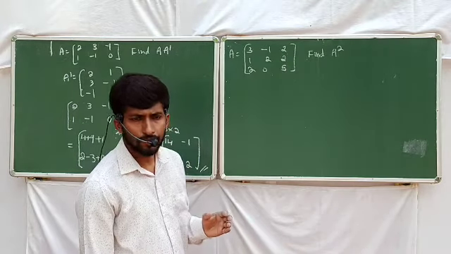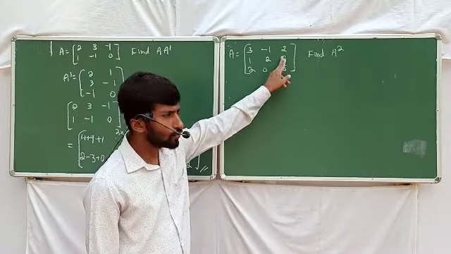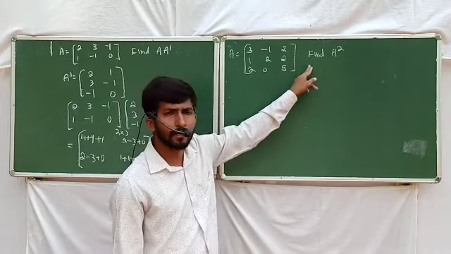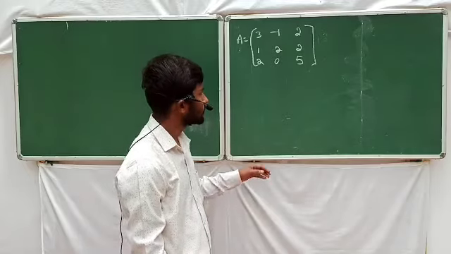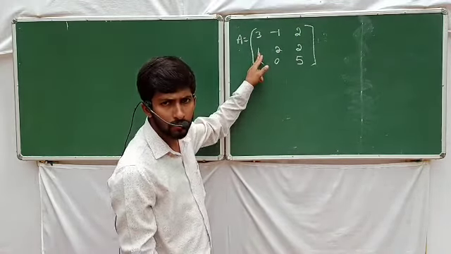See the next question. Matrix A is equal to 3 minus 1 2, 1 2 2, 2 0 5. The question is find A square value. Now A into A we need to find.